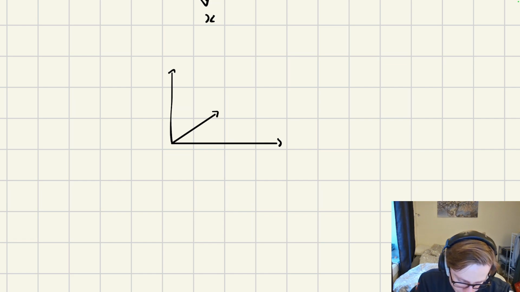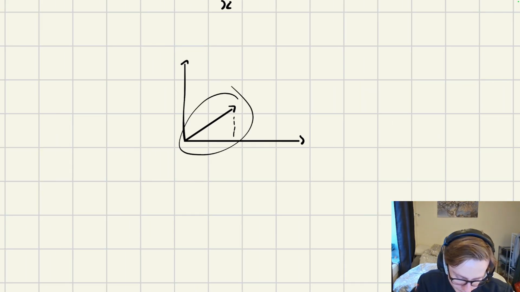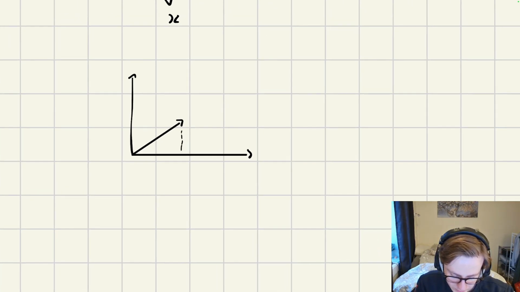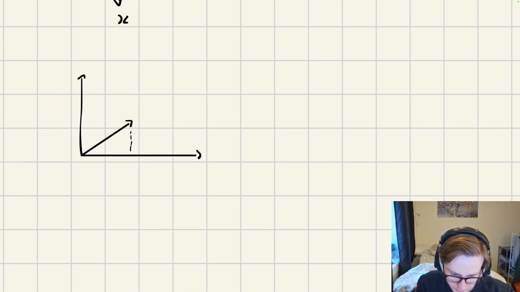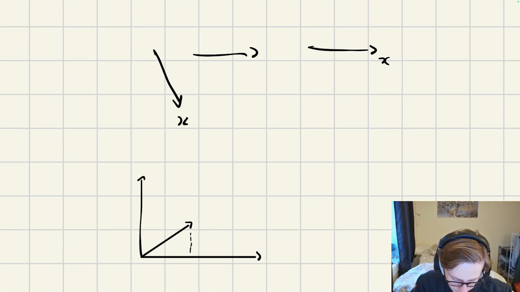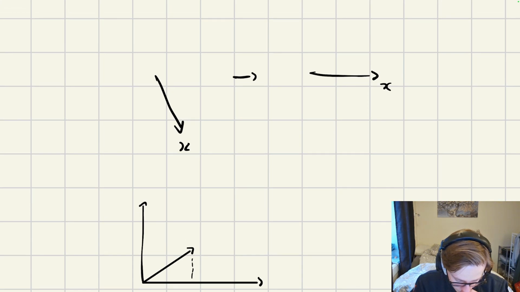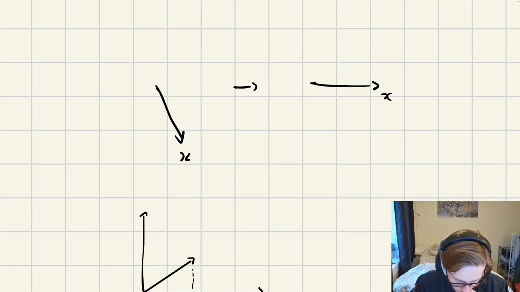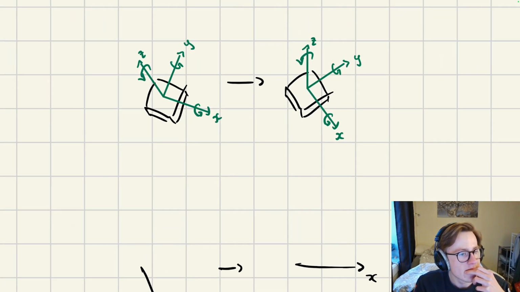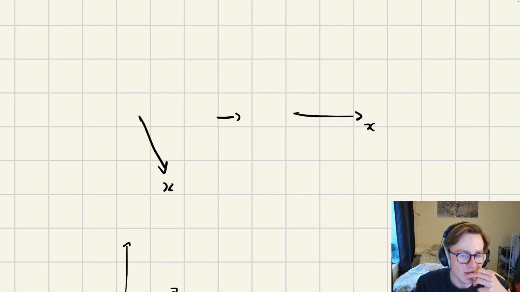We want to find the x component and the y component of any vector, and then add them together. Yes. Okay. Still, this is difficult.